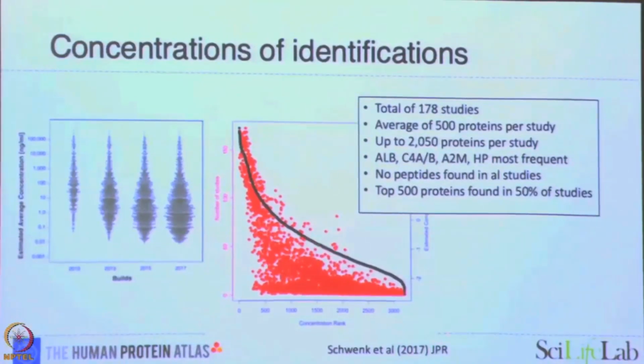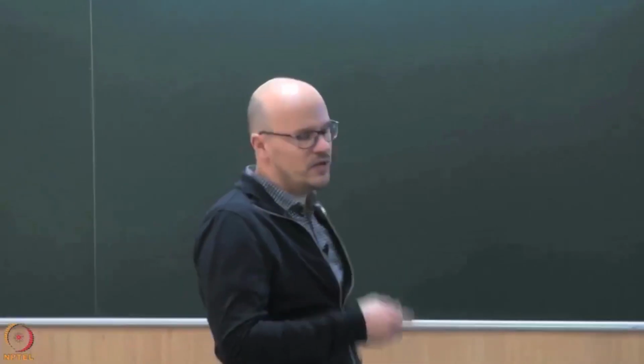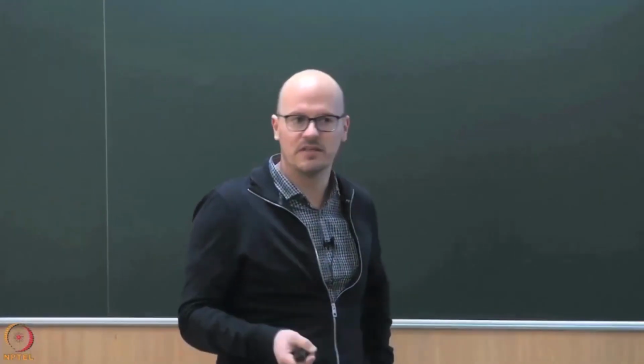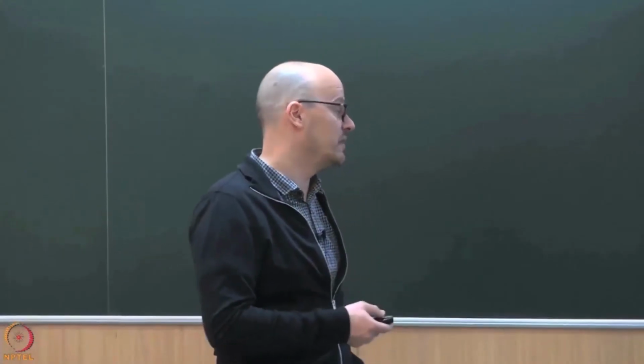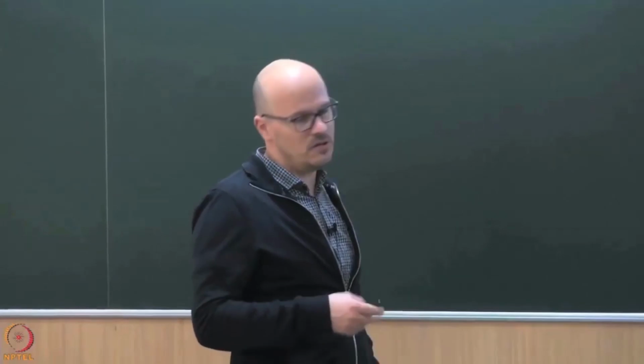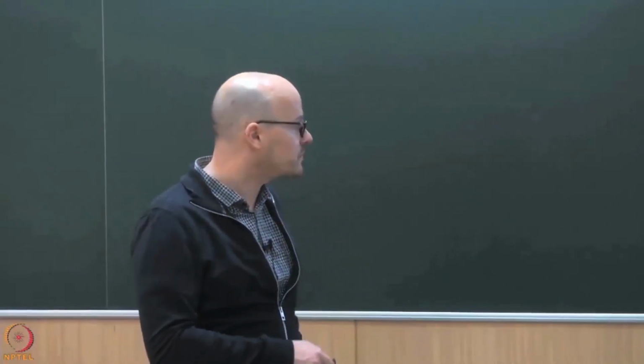There's a clear correlation: those proteins which are highly abundant are seen more frequently than those proteins that are low abundant. Which also comes to the point that, yes, now we can measure about 500 proteins in every study, but really the question is, how many times do we actually see this in every sample? This has one thing to do with the concentration, but it may also have to do with the variants or the isoforms of particular proteins.